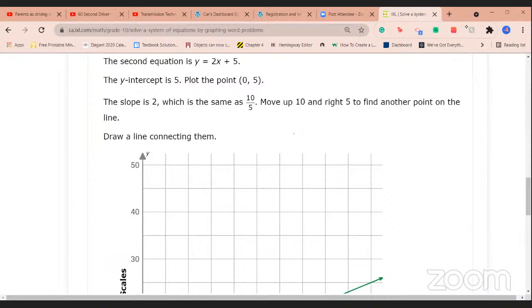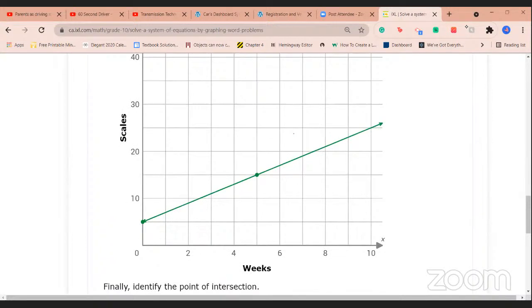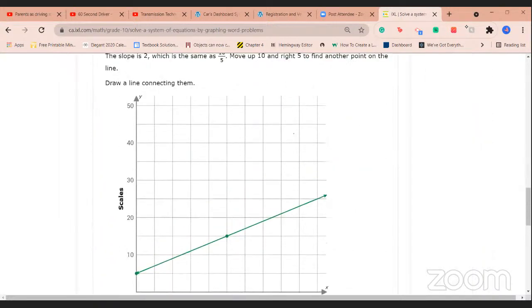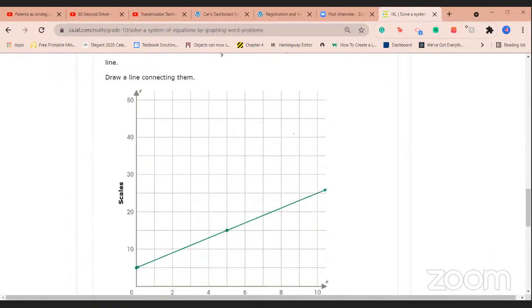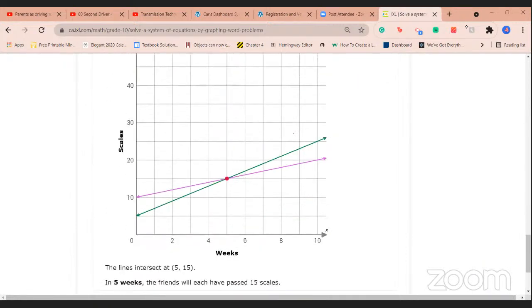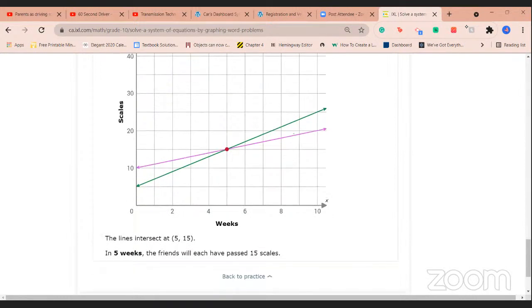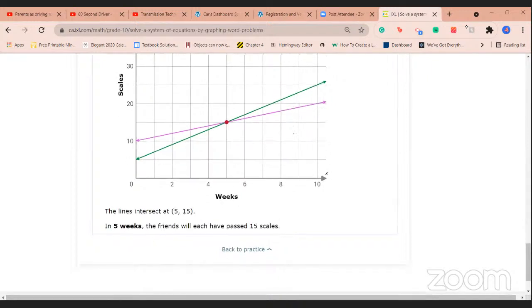Just because their scale is going up by tens, they wanted to make it more visible, right? So they did move up 10, right 5. And when you intersect them, you see they intersect at 5, 15. So in 5 weeks, both friends will have passed 15 scales. And scales, you can just think of tests, okay? That's just the context of the question.